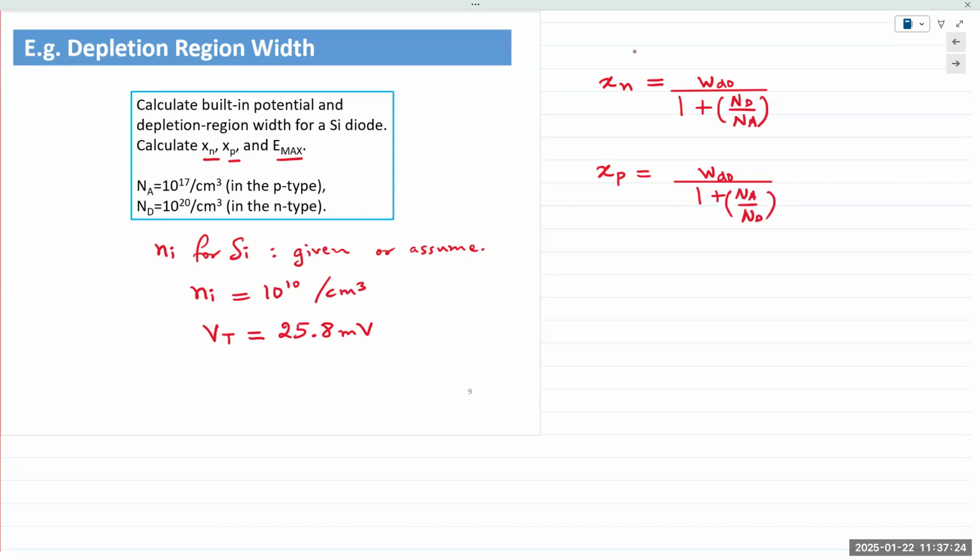Xn is how deep into the n-type material the depletion region goes, so it involves the number of donor atoms relative to the acceptor atoms. And then for Xp, it's the exact opposite.